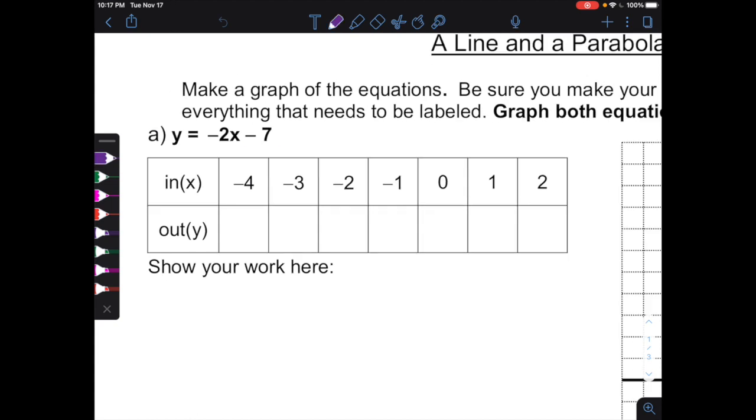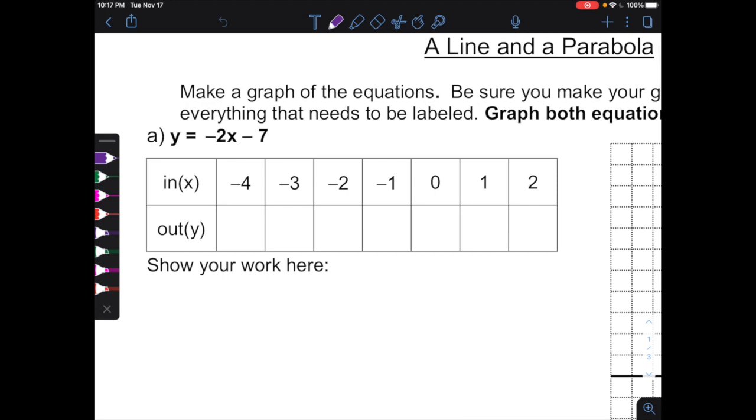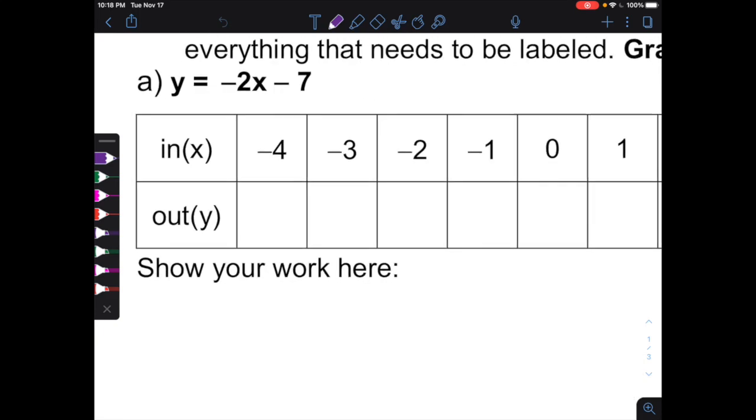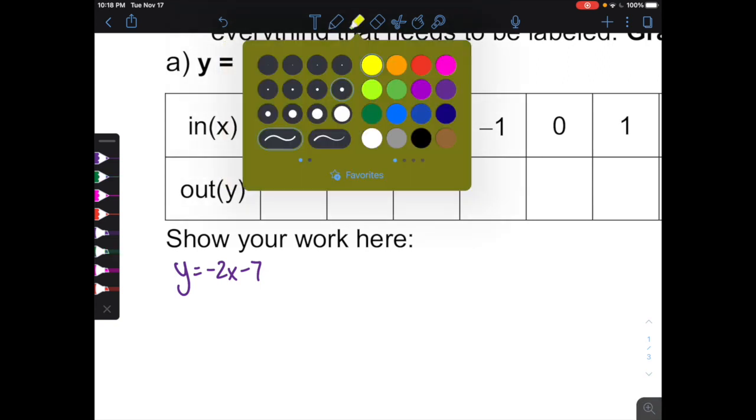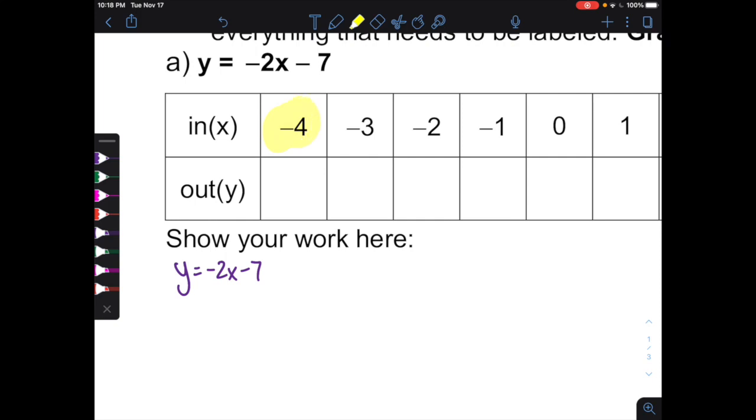So right here, what I'm going to ask you to do, at least in the beginning, is to show our work. So I'll go ahead and write down my rule. y equals negative 2x minus 7. And what I'm going to do is for each one, I'm going to highlight it yellow. I know yellow doesn't come out super clear, but for each one of these, I'm going to use a color.